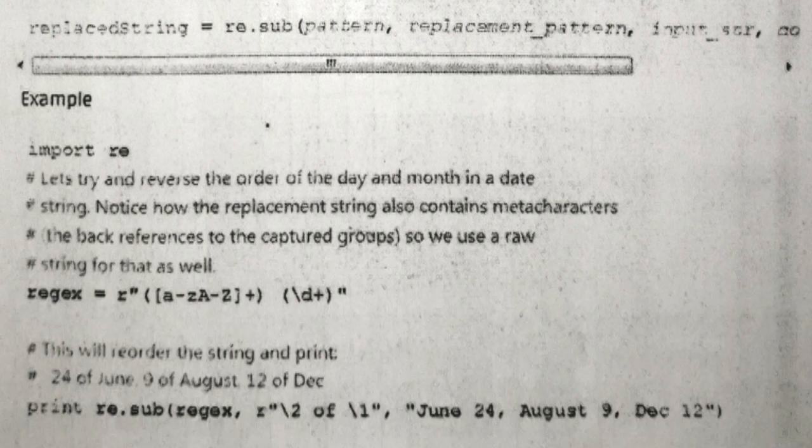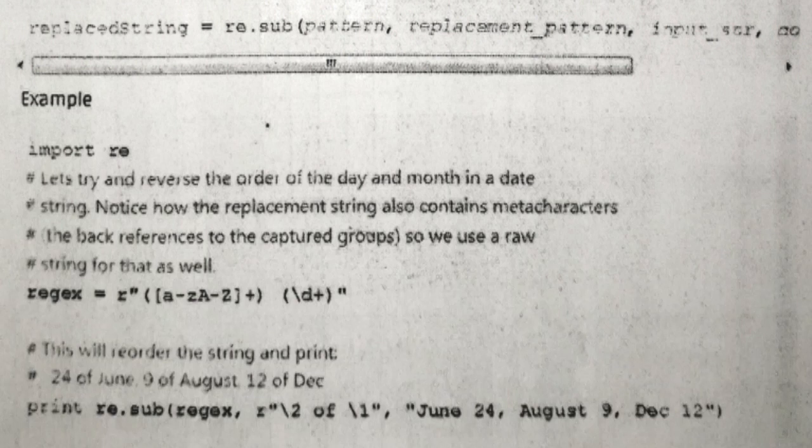Now what I want: we got the result as June 24, right? But now I want to display the result as 24 of June. It means the date should be first, after that I want the keyword of, and after that I want to display the month. So these are the groups which we have numbered.